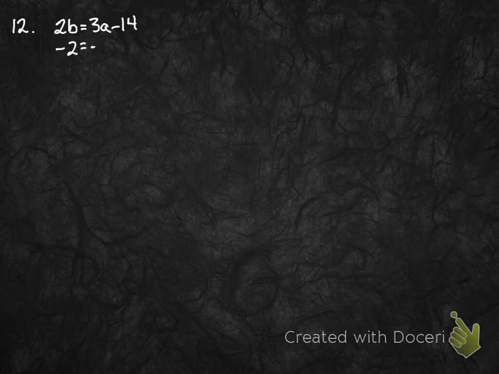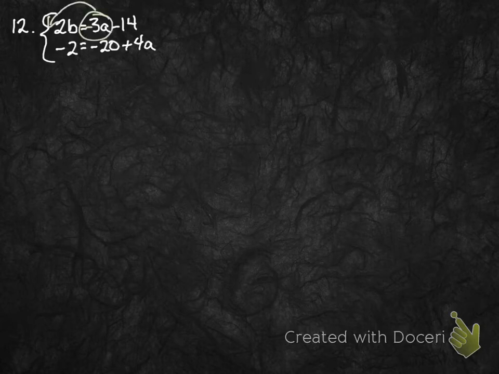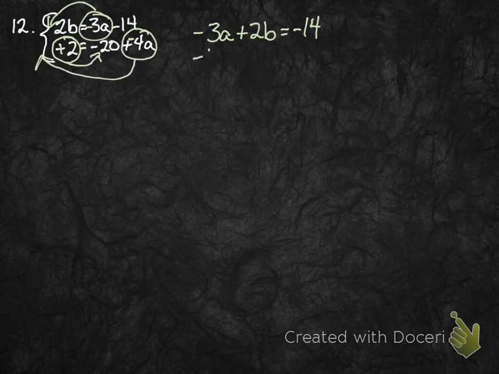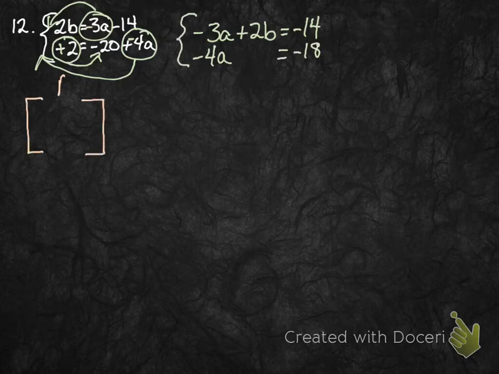All right, so number 12. Get our system of equations written out here. Okay, I'm going to rewrite things in the right order, so I move that 3a over. We ended up with -3a plus 2b is -14. Our second equation, we move the 4a over and we move the 2 over.